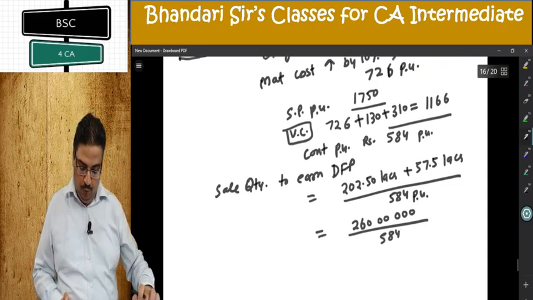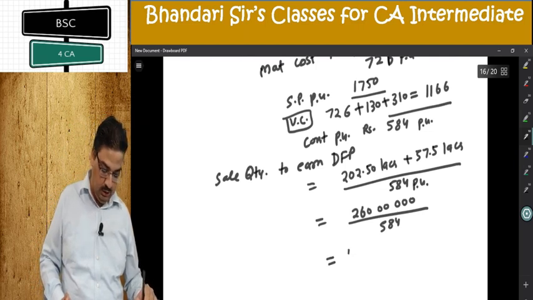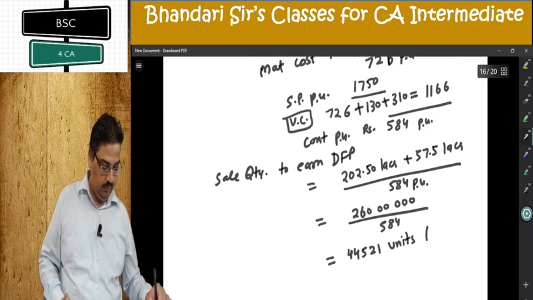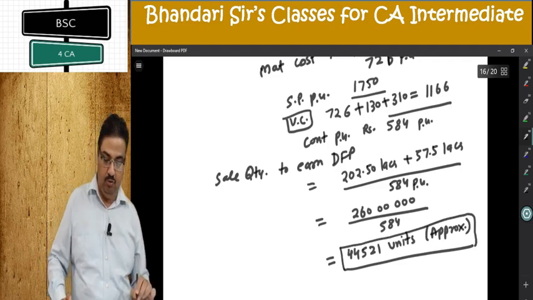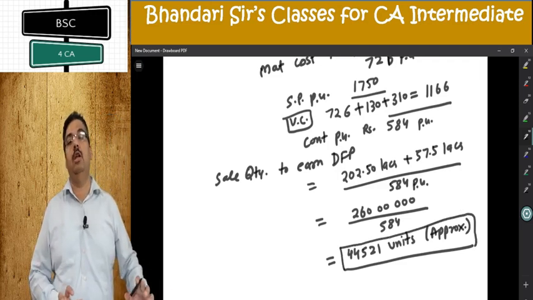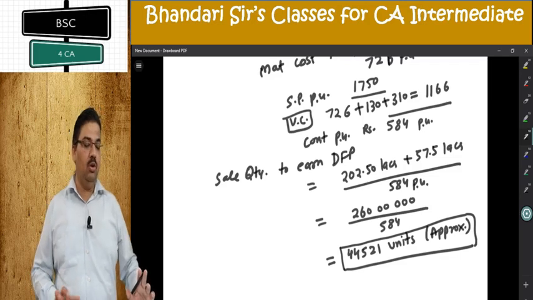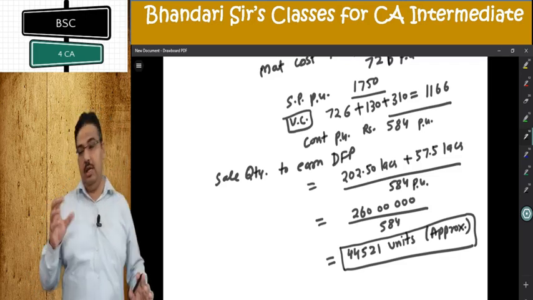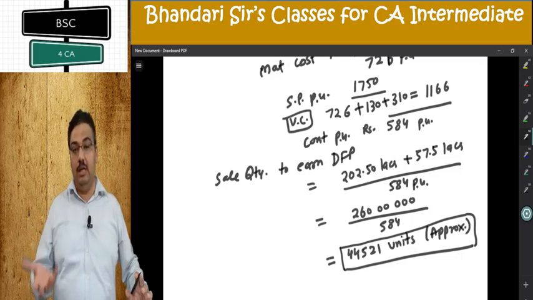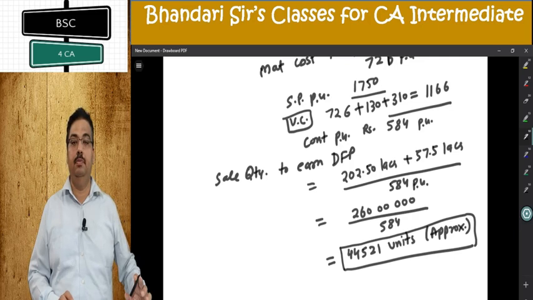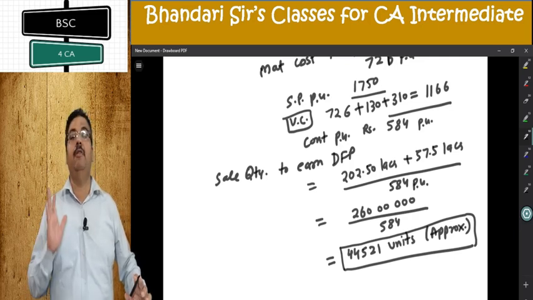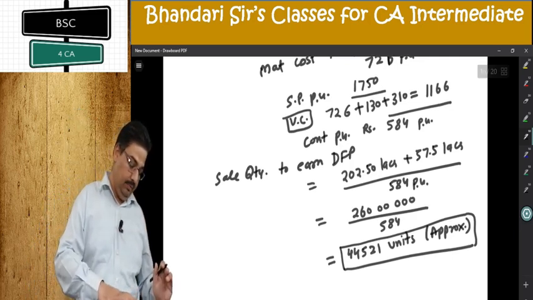This is 44,521 approximately. You're getting a fraction, but fractional units cannot be sold. Hence, it is 44,521 units approximately. So you have to consider a little bit of changes here and there, and with the help of revised data, you are able to get all the basic figures desired in the question. This was A35. Next one.